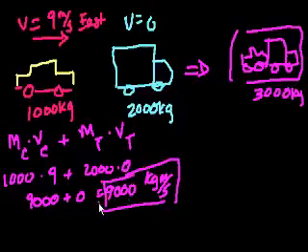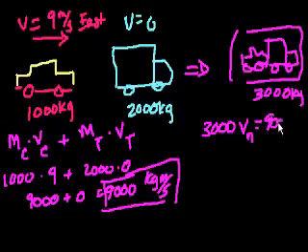So it still has to be 9,000 kilogram meters per second. So once again, mass times velocity. So mass is 3,000 times the new velocity. So we could call that, I don't know, new velocity, v sub n. That will equal 9,000. Because momentum is conserved.